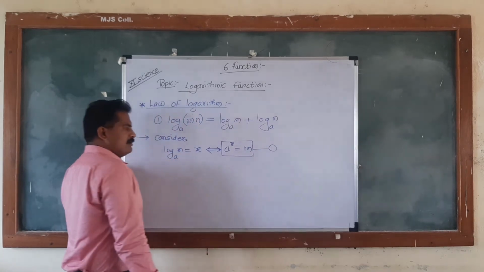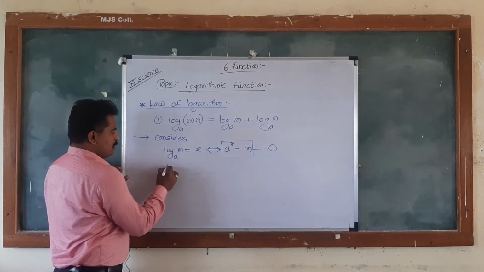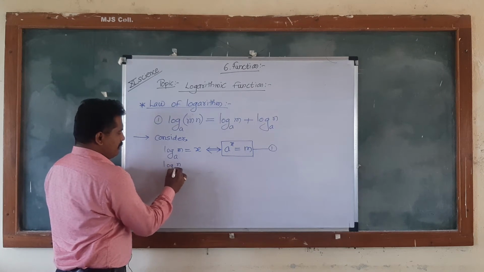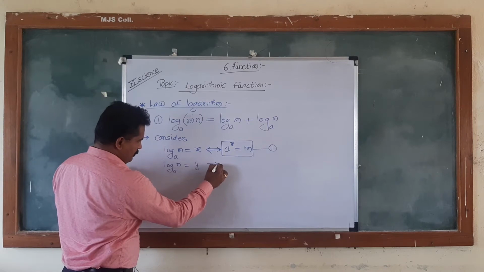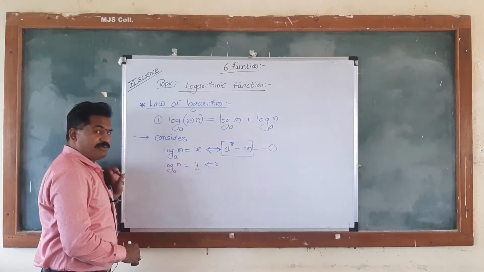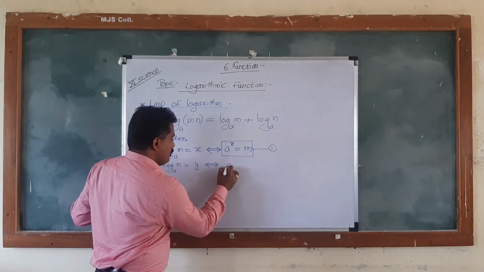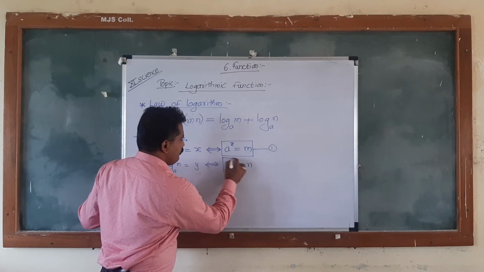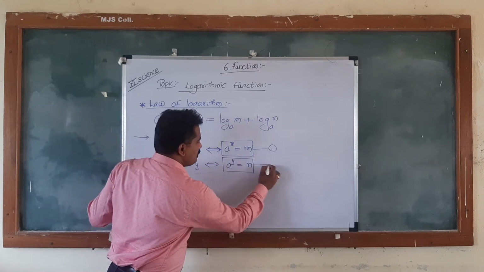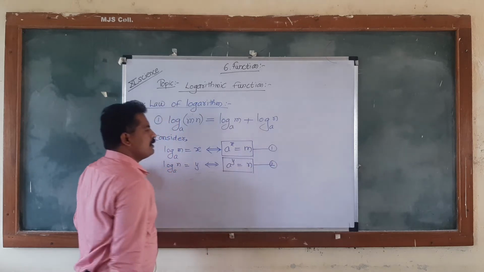This is the first equation. Log of n to the base a is equal to y, which by definition can be converted into a raised to y is equal to n. This is the second equation.